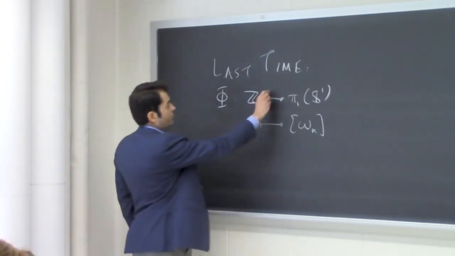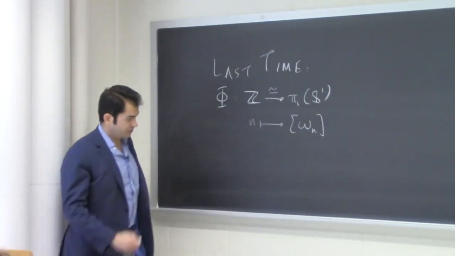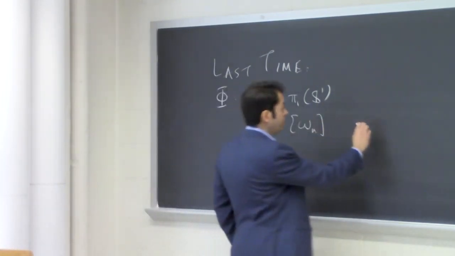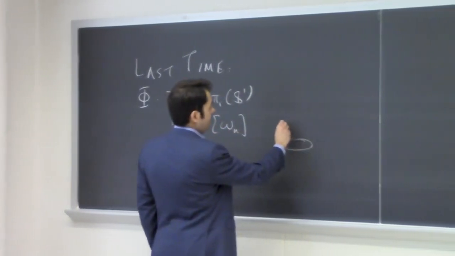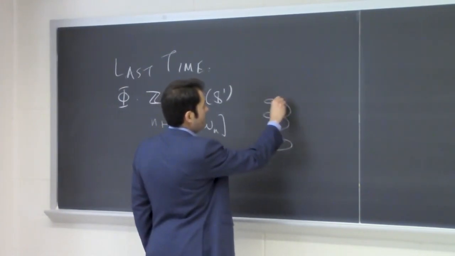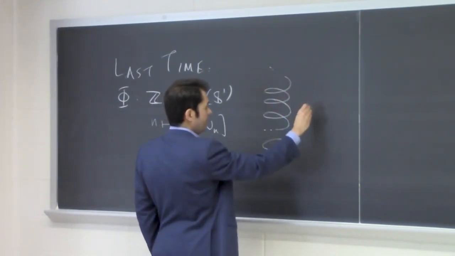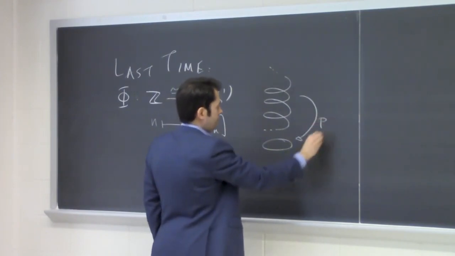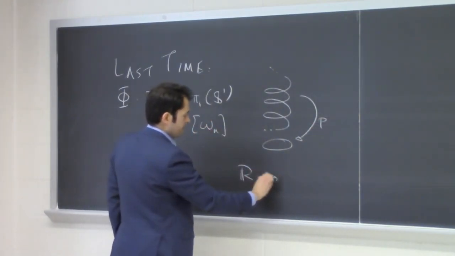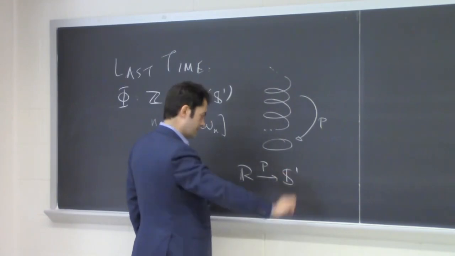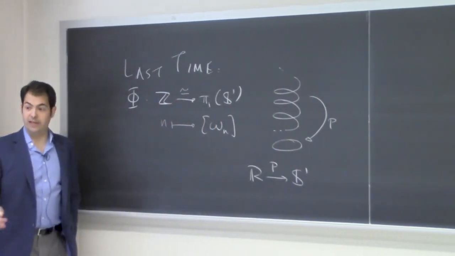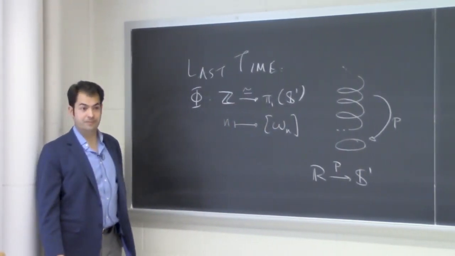Right? And we showed this was an isomorphism, and this came down to studying the covering space given by the real line over the circle.